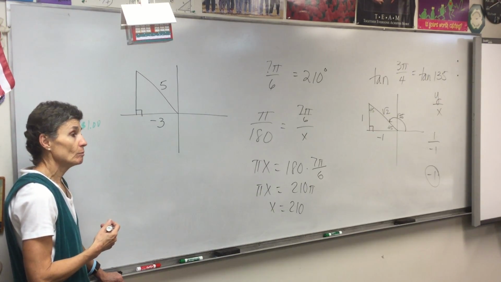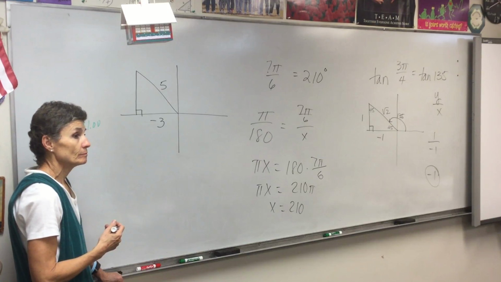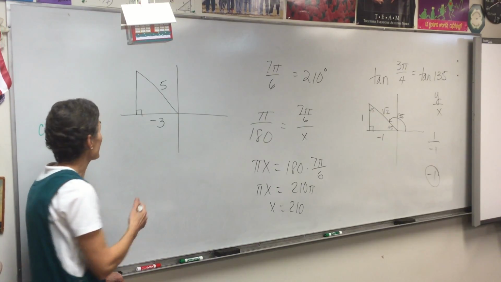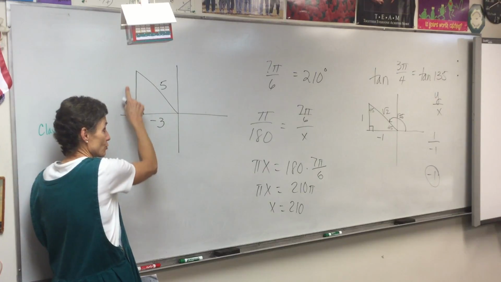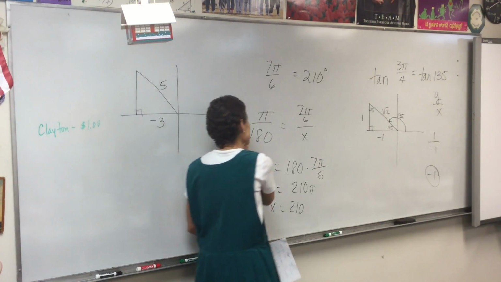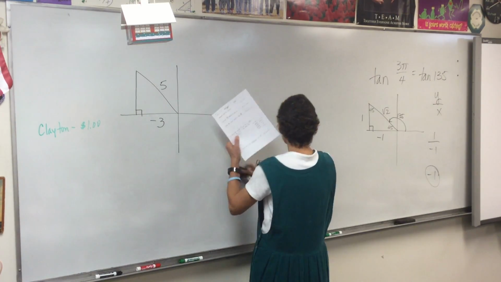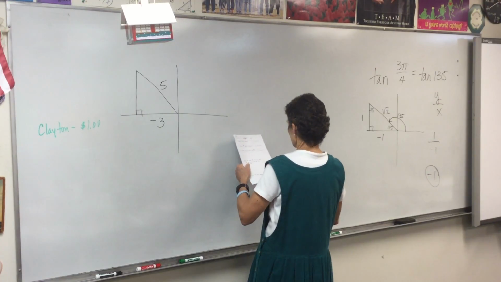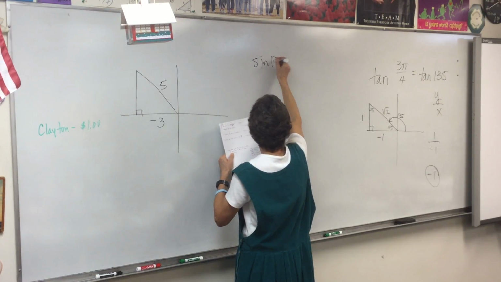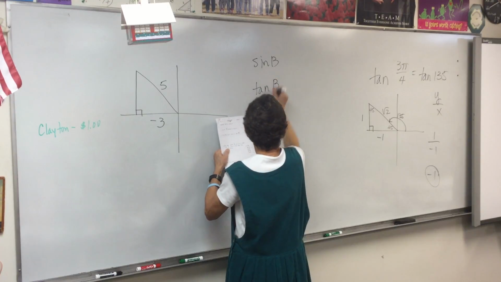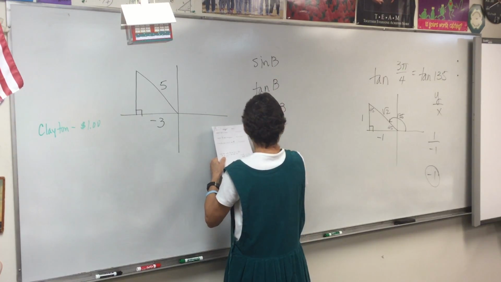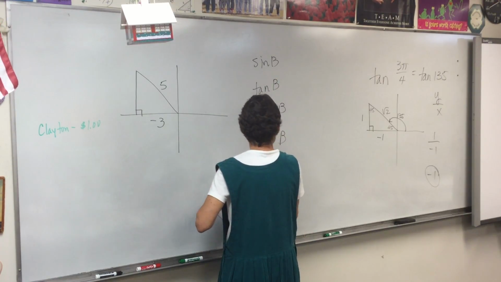Now what might I do? I might do the Pythagorean theorem now and fill in this third side of the triangle, because I'm going to need that side in order to answer some of these questions. Because I want the sine and the tangent and the cosecant and the cotangent and the secant.